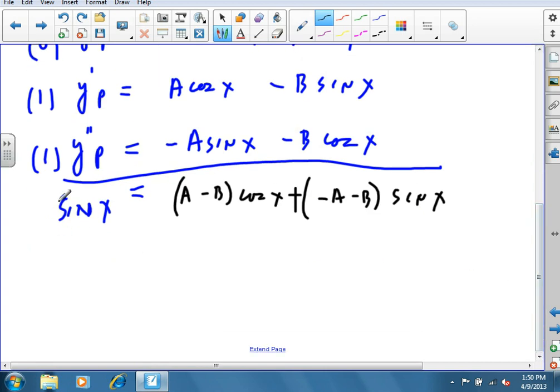Well, I don't have any cosine on the left hand side, so a minus b has to be 0, and minus a minus b has to be 1, because that's what's sitting in front of the sine.